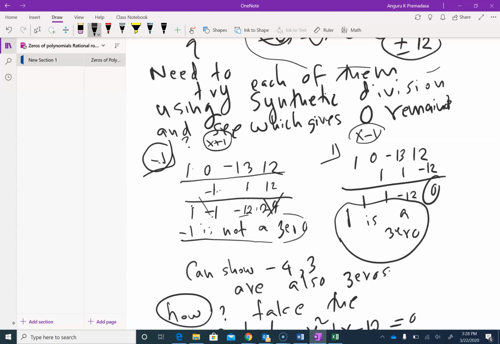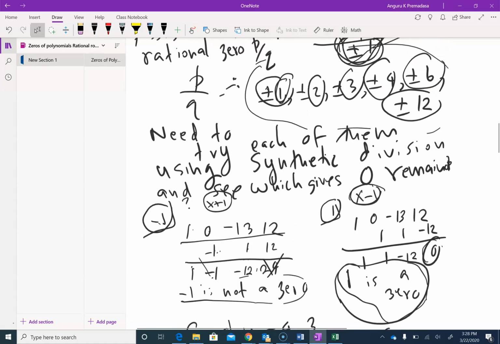Negative 13 plus 1 is negative 12. Negative 12 times 1 is negative 12, and when you add the 12, you get 0. So we do get a 0 remainder. The fact that we get a 0 remainder means that x minus 1 is a factor, so this is a root. 1 is a zero.